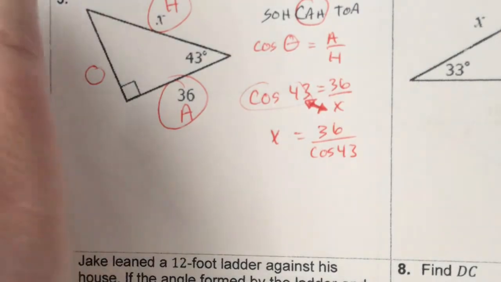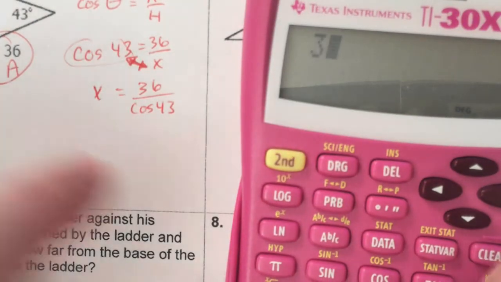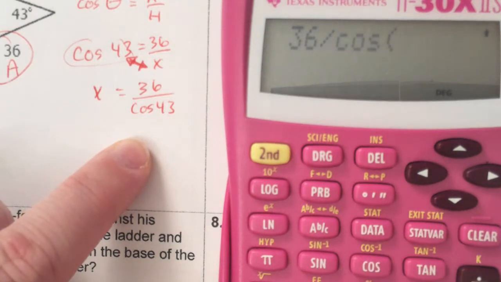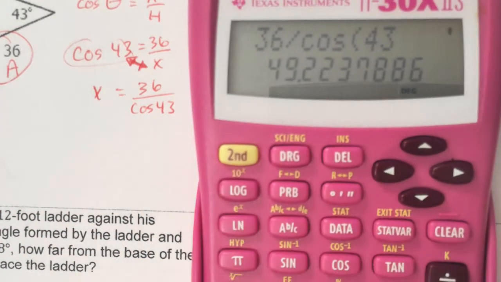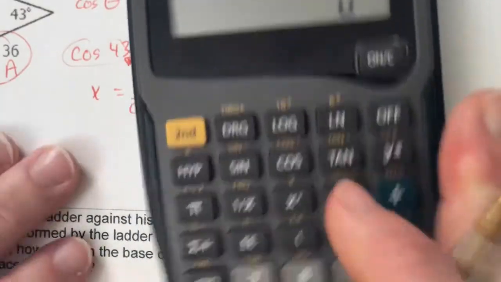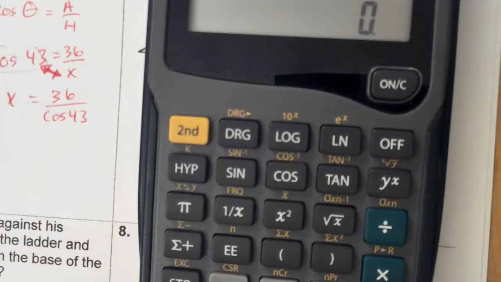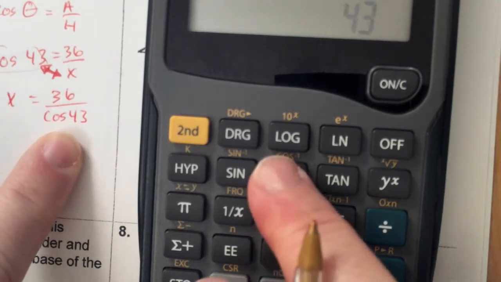Now how do we type that in the calculator? On this calculator, you just go straight across. Make sure you're in degrees: 36 divided by cos of 43, and we get that number. Over here, 36 divided by, and you have to type it in backwards, 43 cos.